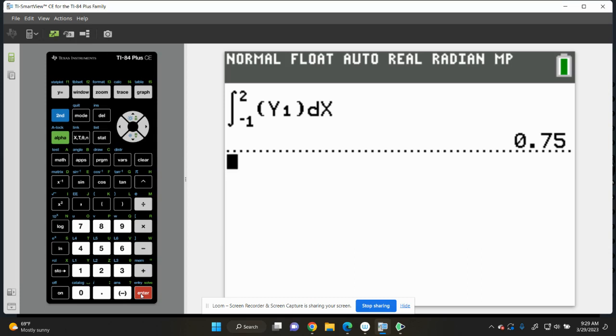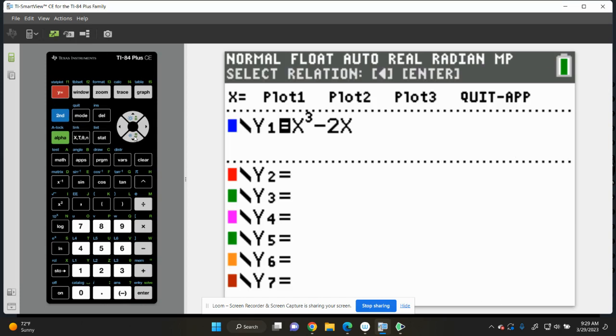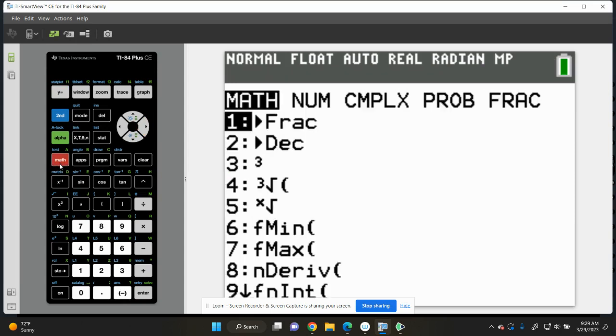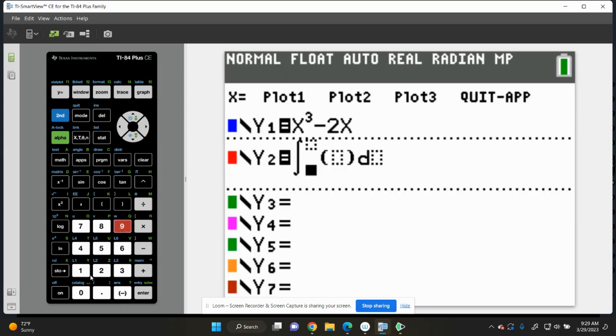Okay, I got it. Can I graph? Let me see if I can graph it. Let's say number 9. So let's do it again. I don't know if this will graph it as just 3/4 or if it'll actually show me the shaded area.